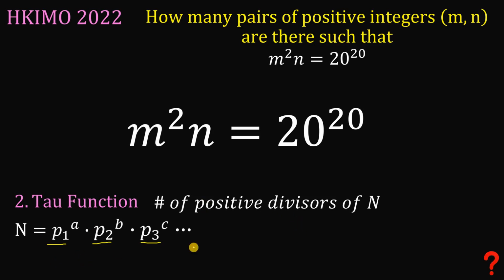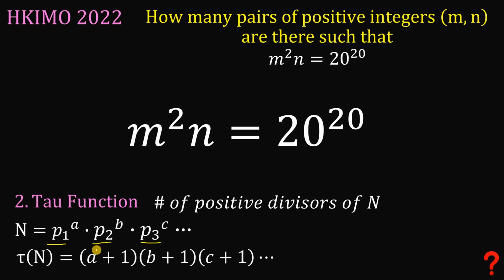Now, the tau function simply equals a plus 1, the exponent of the first prime, times b plus 1, times c plus 1, and so on and so forth. This is the number of positive divisors of n.